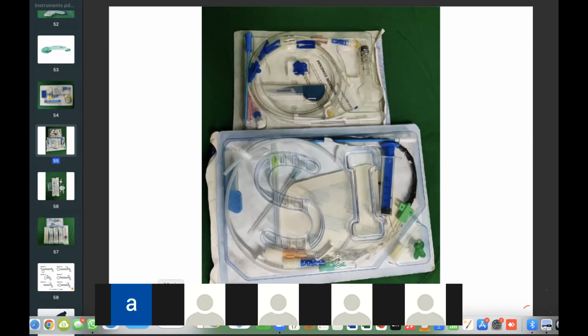If there is resistance while putting the dilator, we will make a nick over the skin, and then we will introduce the dilator.